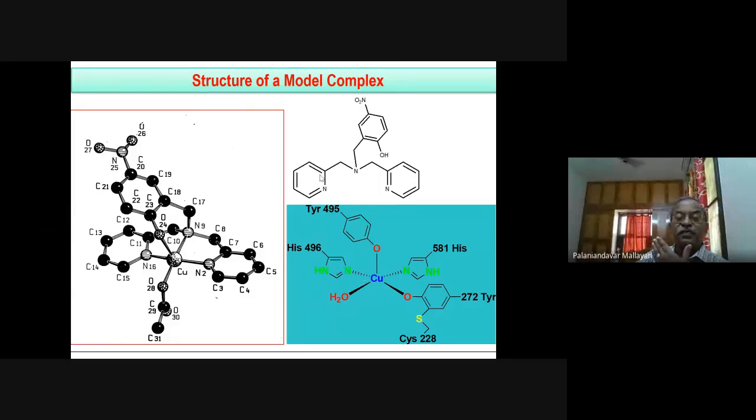We also found that, depending on the anion, this bond distance varied. So through our systematic study on the modeling system, we established that a Jahn-Teller ion, a normal copper geometry, unlike your type 1 copper, is essential to make this phenolate act as an internal base.